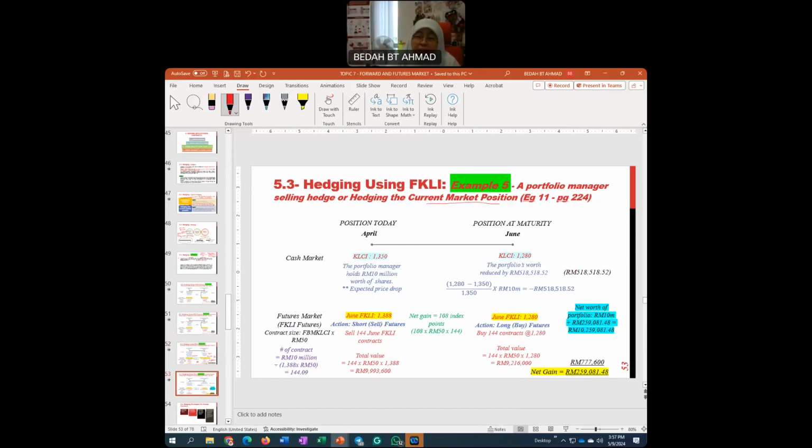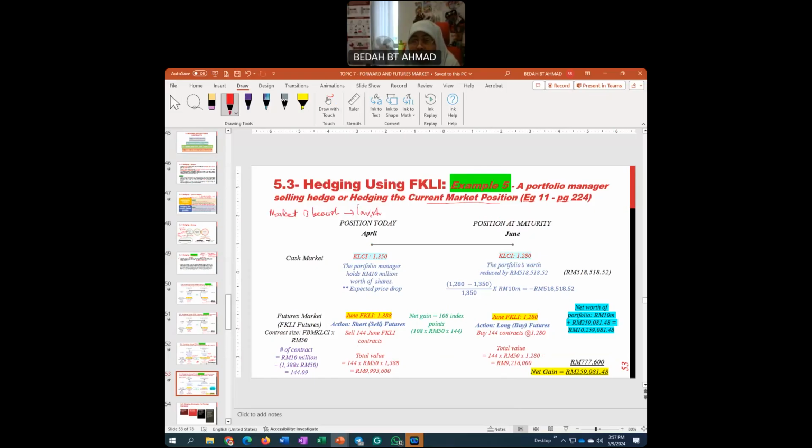And now it is hedging current market positions, where the investment fund is already in the hands of the fund manager, already in the possession of the fund manager, to avoid the investment value dropping when the market is bearish.